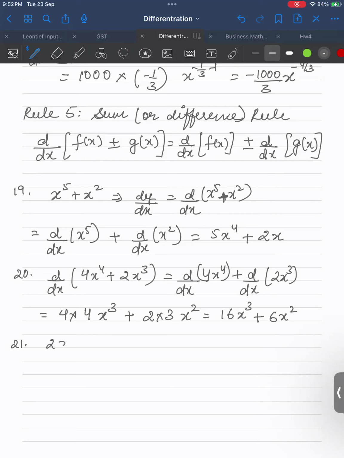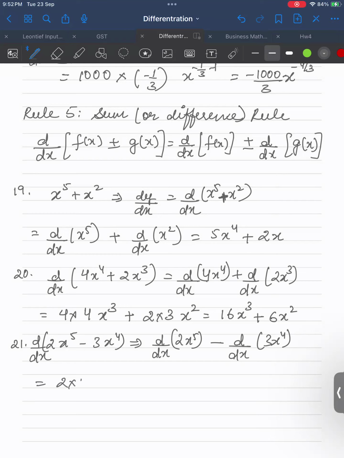क्या लें question? 2x power 5 minus 3x power 4. इसका differentiate करना है d by dx x के respect में. Again, some rule, in this difference rule, because minus is there, subtraction. If we differentiate it, 5 would be outside and it would be x, 5 minus 1 is 4, minus 3, 4, 4 minus 1 is 3. ठीक है?